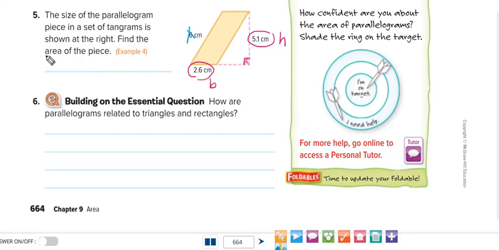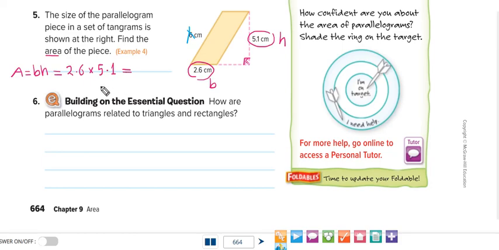Now find the area, write down the rule. A equals BH equals the base 2.6 multiplied by the height, which is 5.1.